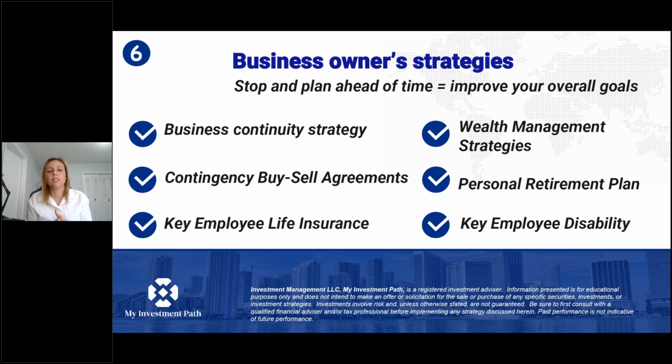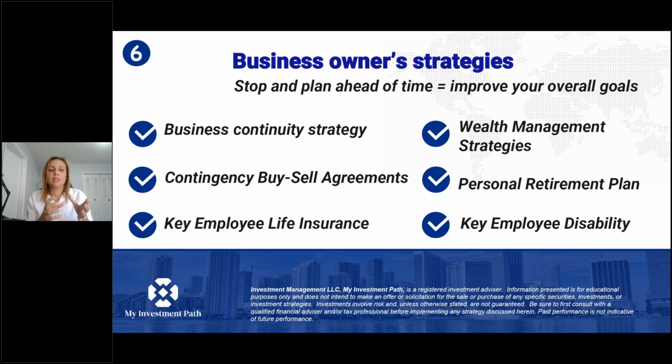Then we have key employee life insurance, and we also have key employee disability insurance. What if you take an employee from another country into the U.S., and your subsidiary in the U.S. depends completely on this key employee, and something happens to this key employee, gets sick or whatever?